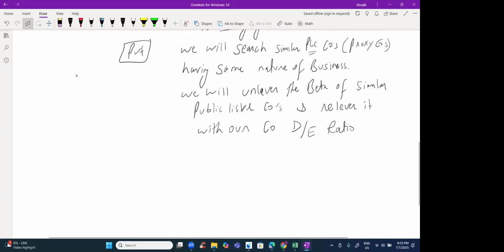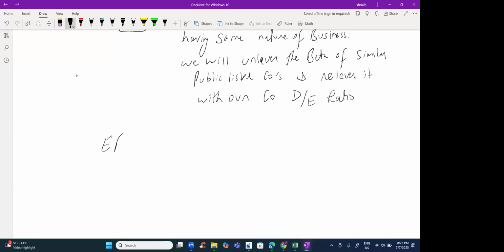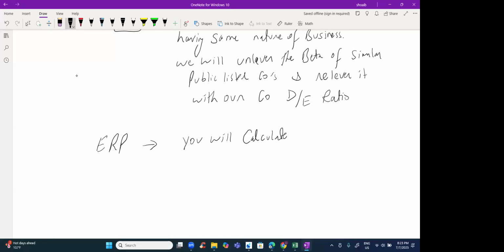Okay. Two things now. Equity risk premium. Equity risk premium is like this: return of stock market minus the risk-free rate which you have taken above. Okay, sir. How to calculate this RM?